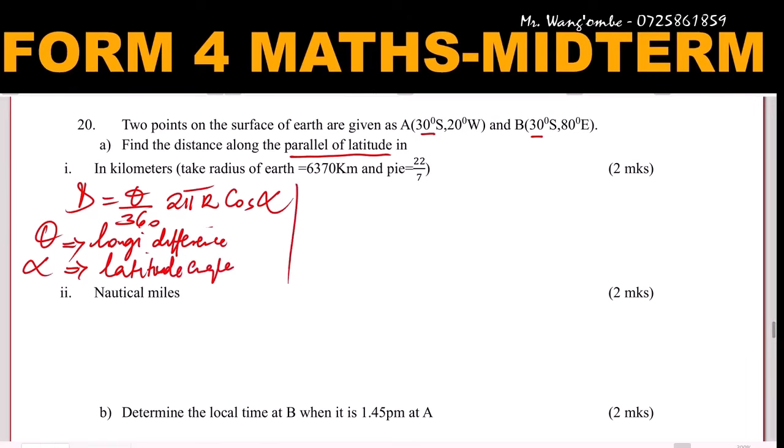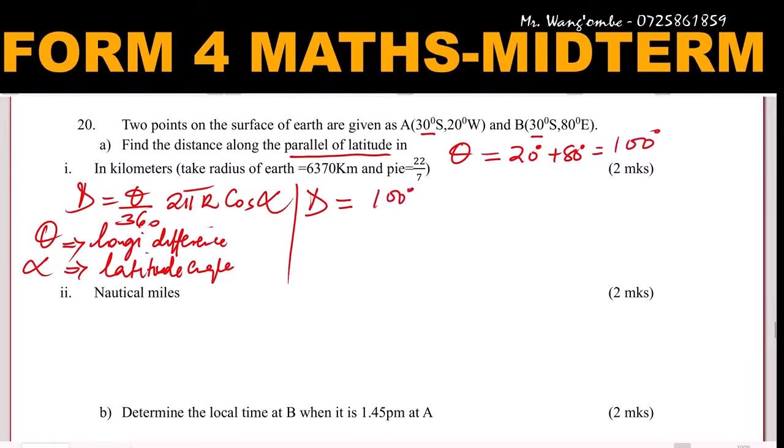So using that, now we can get the distance. How do you get the longitude difference? One place is 20 degrees west, the other one is 80 degrees east. So we add 20 plus 80, and you get 100 degrees.